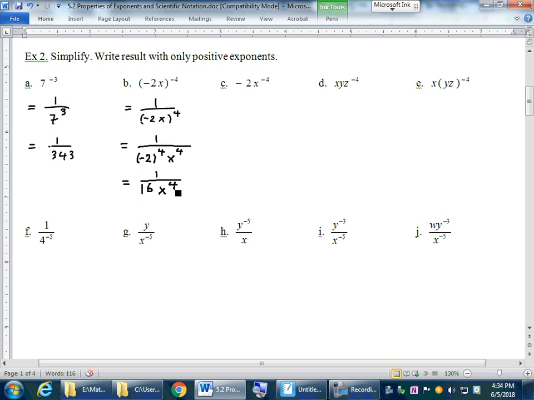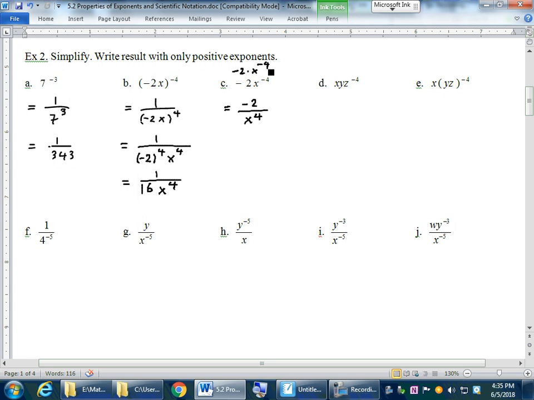Next up, the exponent negative 4 is only for the base x. So 2 has nothing to do with it. When I simplify this, it will become negative 2 and then reciprocating x, which goes down to the denominator, so your exponent is positive. That will be my final answer, because you are looking at negative 2 times x to the negative 4.